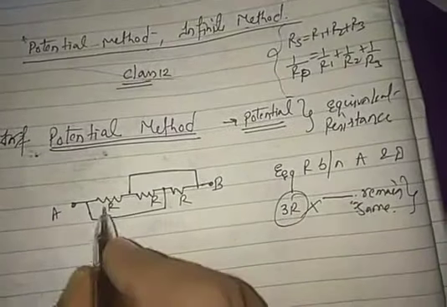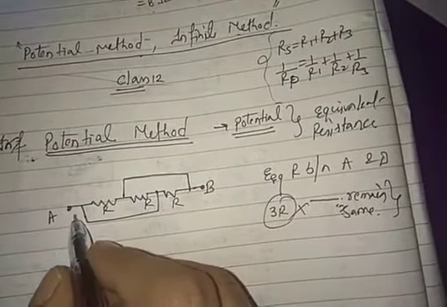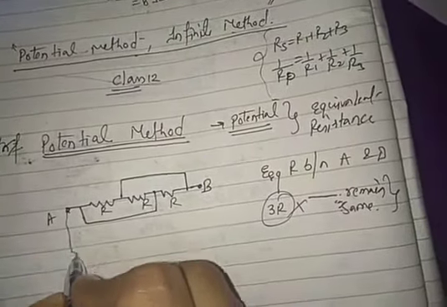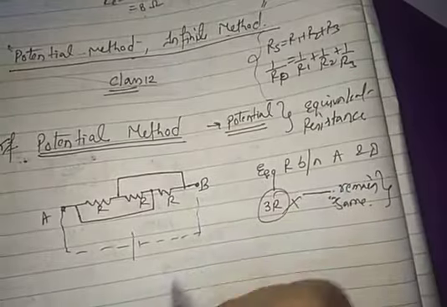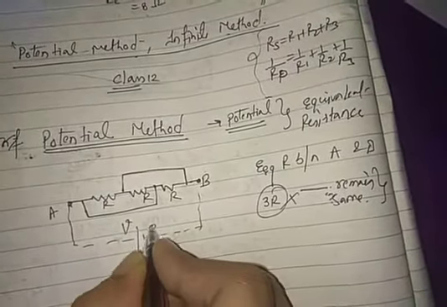Now I'll draw an imagined battery. Mark it as V and 0.